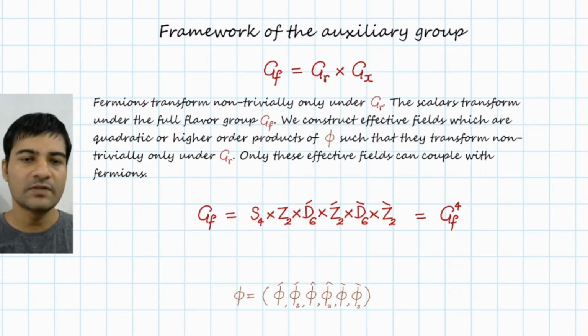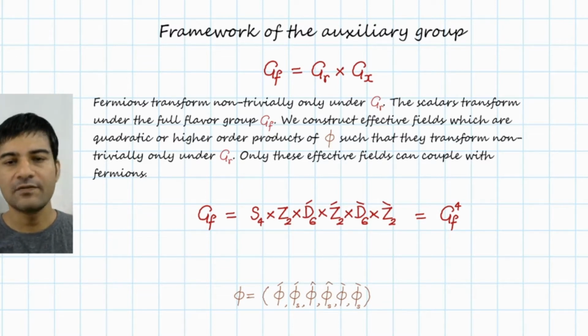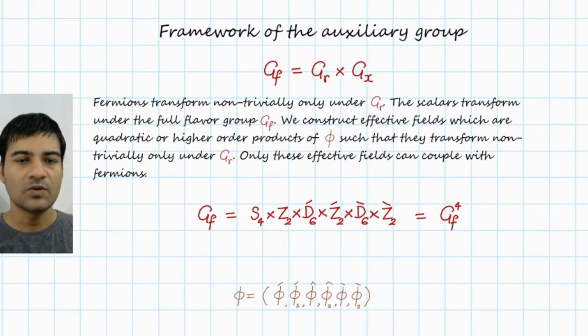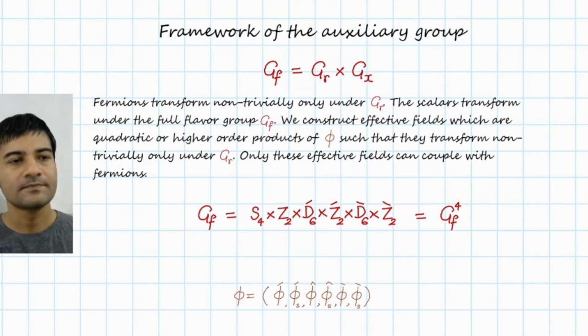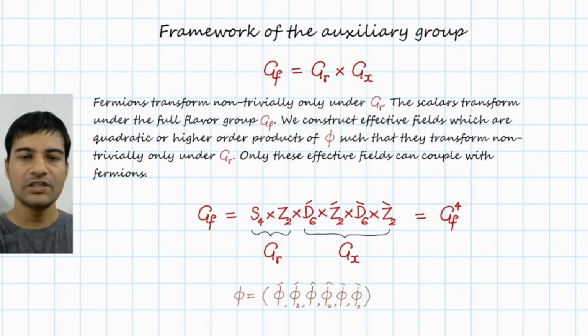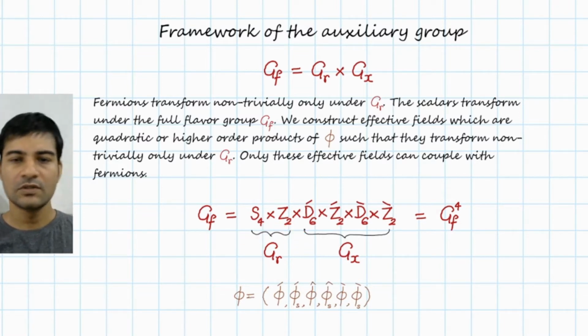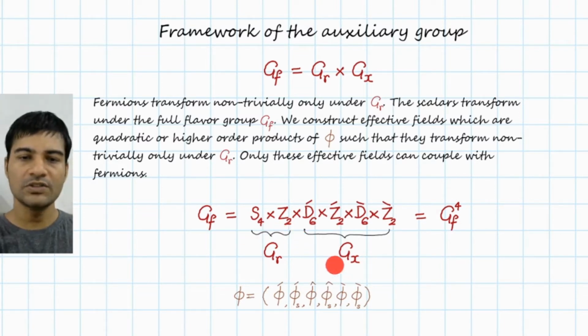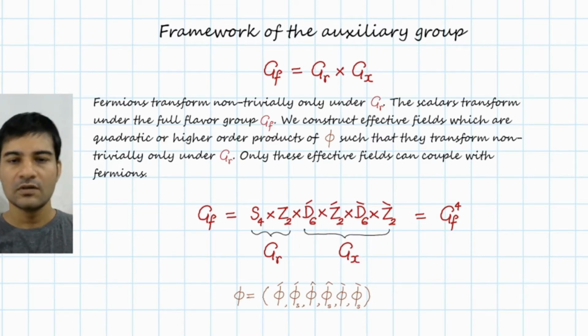So I use the words GF and GF4 interchangeably throughout this example. GF can be written as the direct product of GR consisting of S4 cross Z2 and the auxiliary group GX, which consists of the rest of the groups.